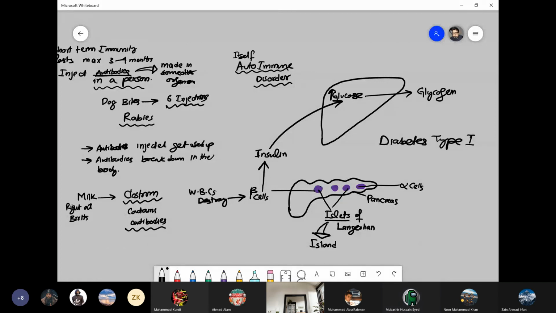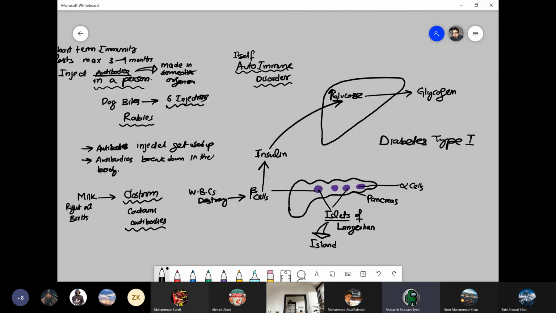Sir, in the process of the attack, if steroids are given, it will suppress it, so your body won't attack it. Could that be one way? Now steroids are of zillion types, many types.